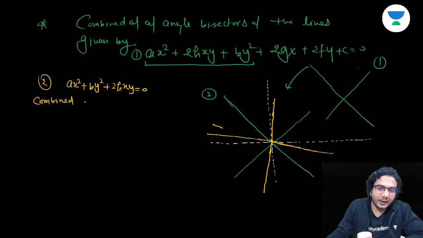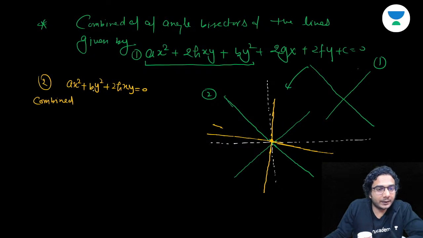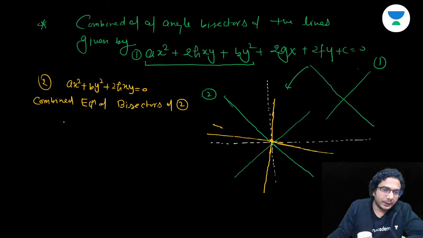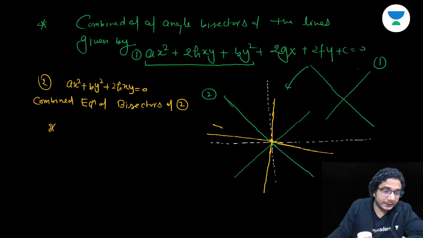Yes, we'll find the angle bisectors of the curve passing through the origin and then we'll shift it. Absolutely right, very good. Combined equation of bisectors of 2 is given by a times x square minus y square upon a minus b is equal to xy upon h.